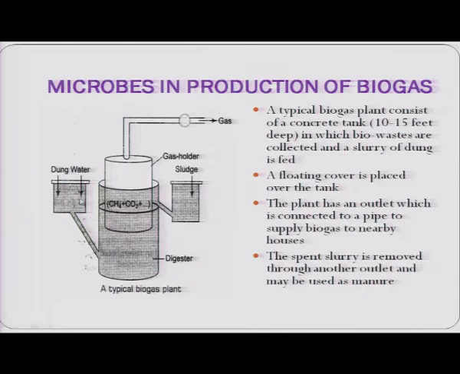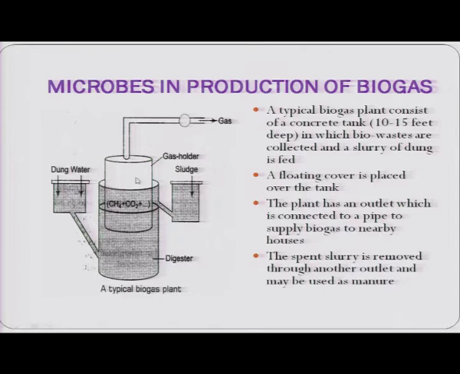This liquid mixture of dung and water is known as slurry, and the slurry is then supplied to this concrete tank. Since anaerobic condition needs to be maintained, the tank is completely covered and intact, so that oxygen cannot enter into it. Then as the digestion occurs, the dung already comprises the methanogens which will release the biogas.